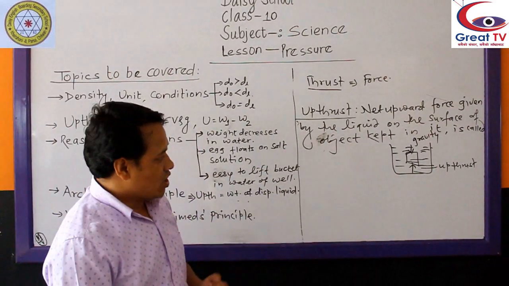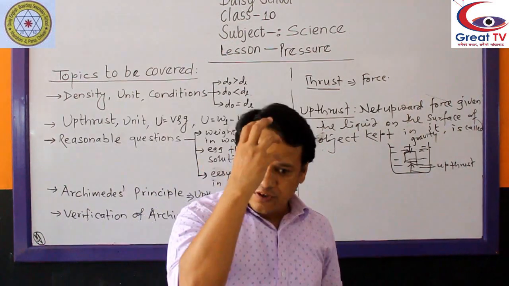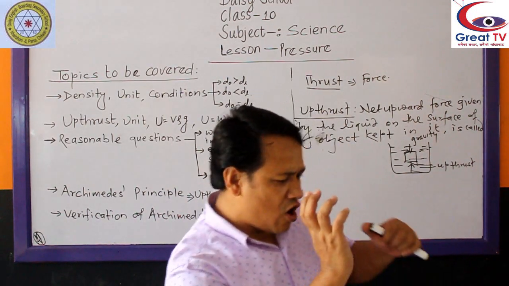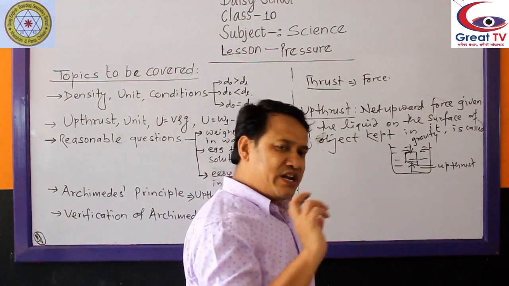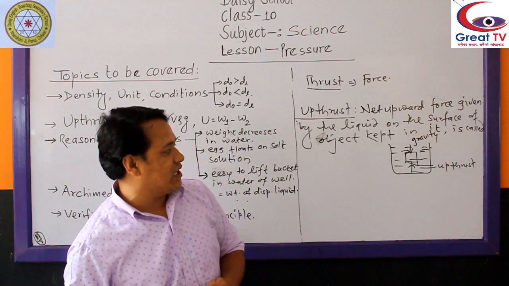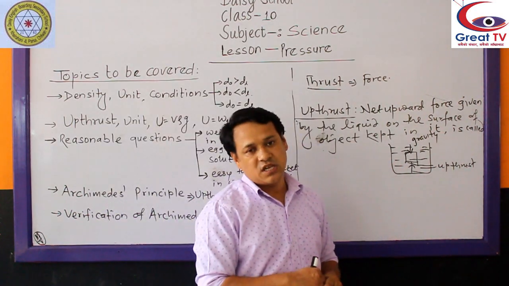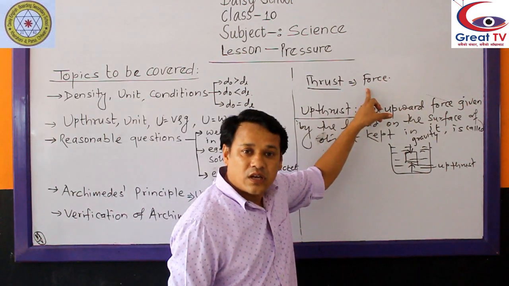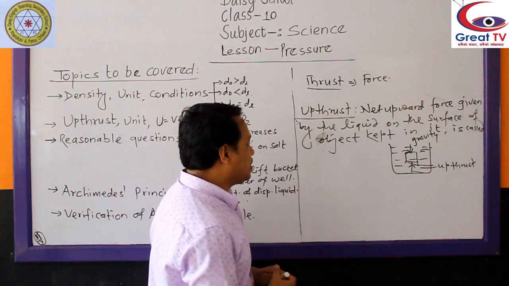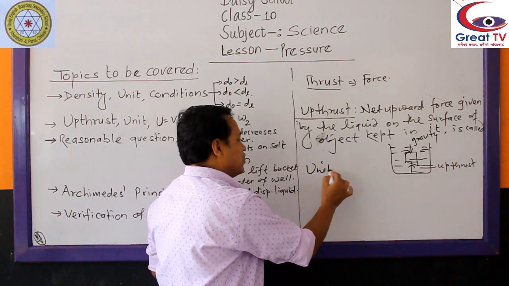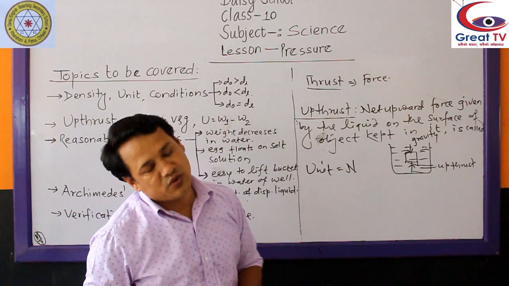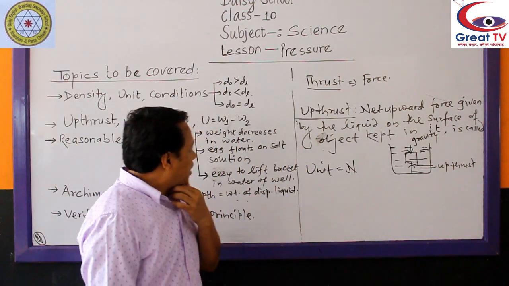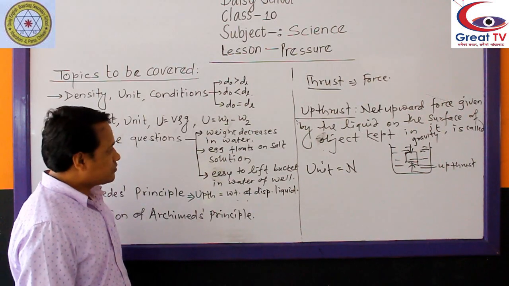So when we keep any object in liquid, it pulls downward and water pushes upward. How much force is exerted upward? The net upward force given by the liquid on the surface of the object. That is called upthrust. Upthrust is a force, and the unit of force, you know, is Newton. That's why the unit of upthrust is also Newton.